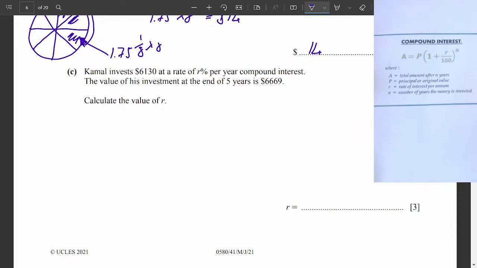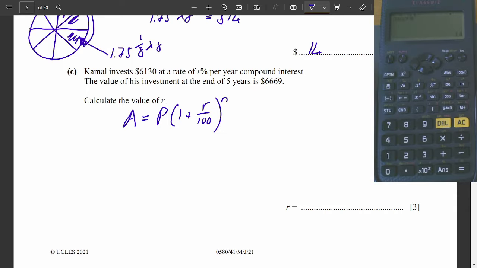Okay. So the amount you'll have at the end of whichever time is equal to the principal, which is the original amount, times 1 plus the rate divided by 100 to the power of n, which is the amount of time.